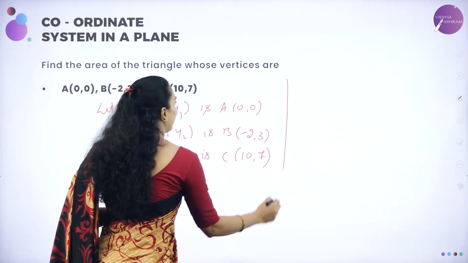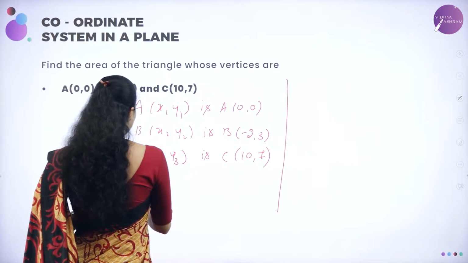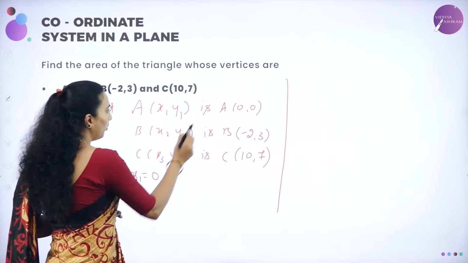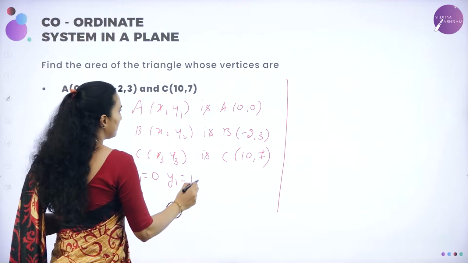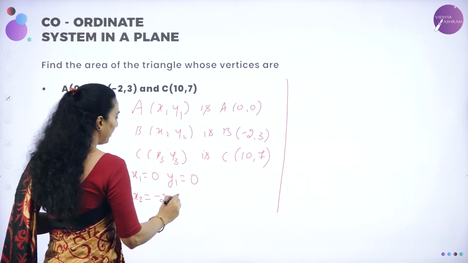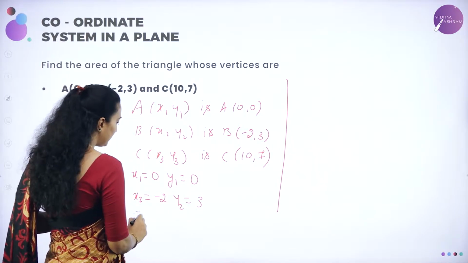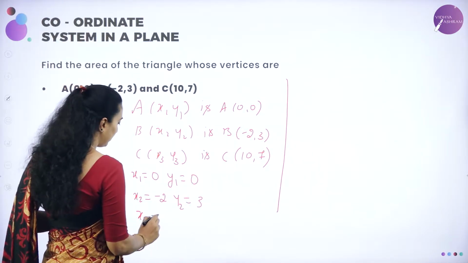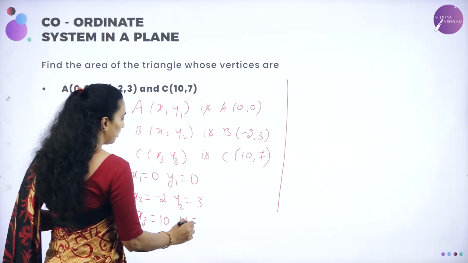So x1 is equal to 0 and y1 is also 0, x2 is equal to -2, y2 is equal to 3, x3 is equal to 10, y3 is equal to 7.